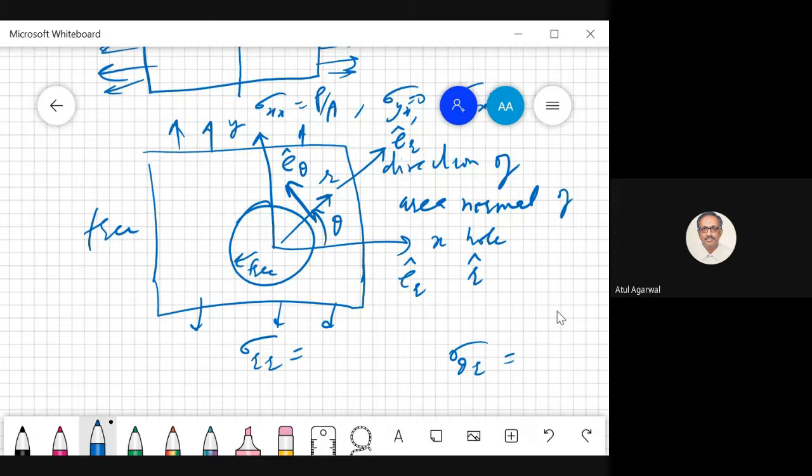Had I put some fluid in it and pressurized it, there would be force, but there is no fluid here, it's just empty air. Empty air cannot apply any force here. So sigma RR is 0, sigma theta R is 0. There is no force in the tangential direction on this surface. But you cannot tell that sigma xy is 0 or sigma xx is 0, because you only know that there is no force perpendicular to this surface and tangential to this surface.